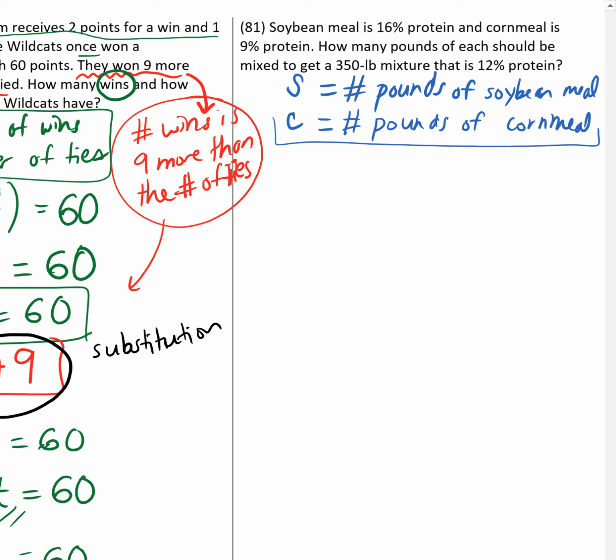Okay, so I'm going to draw pictures here. This is a vat of soybean meal, and we have S pounds of that.